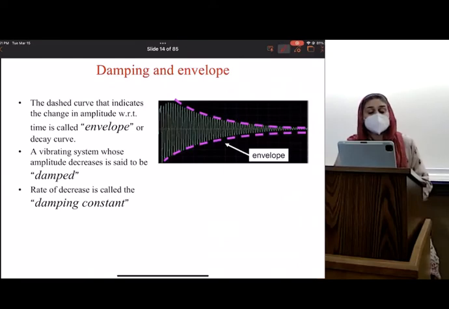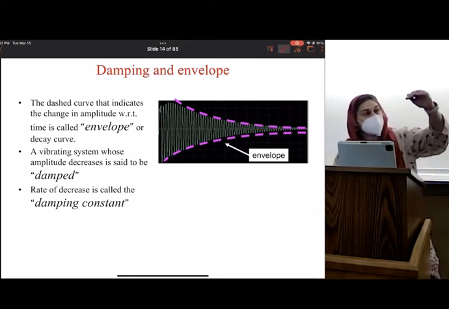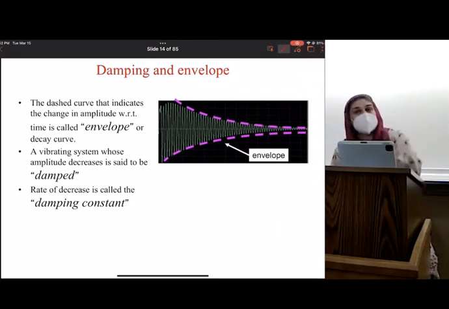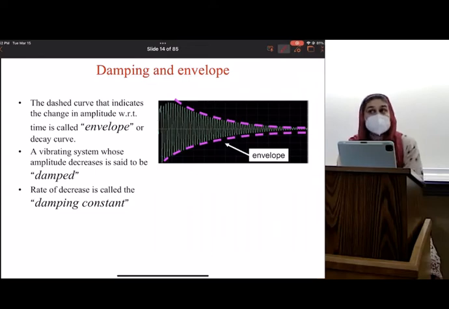So there are two more terms I need you to pay attention to. One is called the envelope, which is shown here by the pink dotted line. It's the curve that follows the damping motion. It's called an envelope and sometimes also called a decay curve.